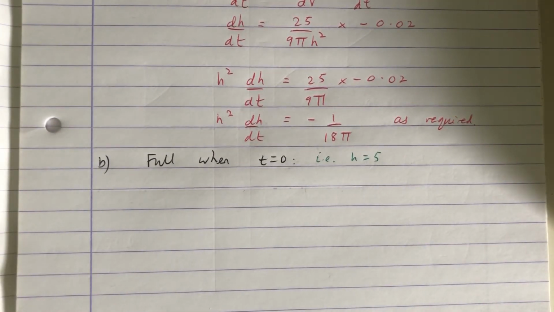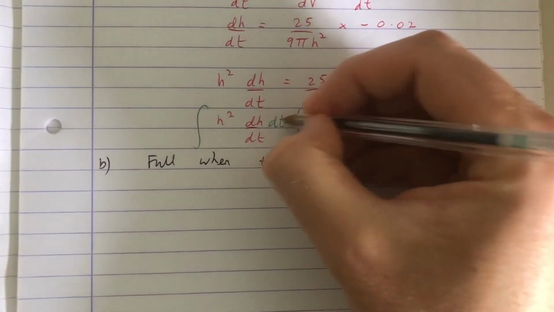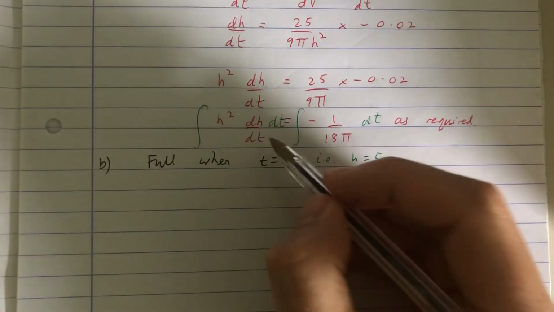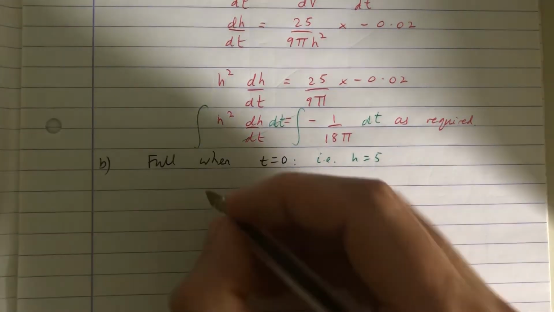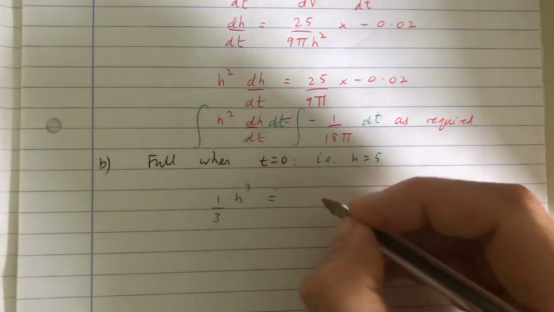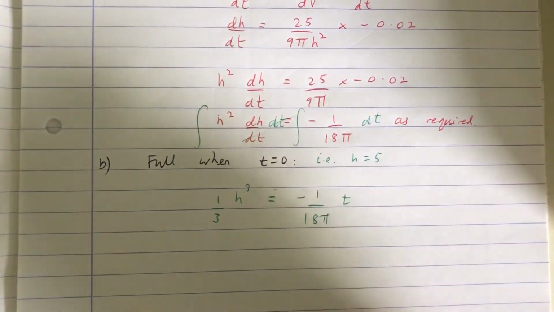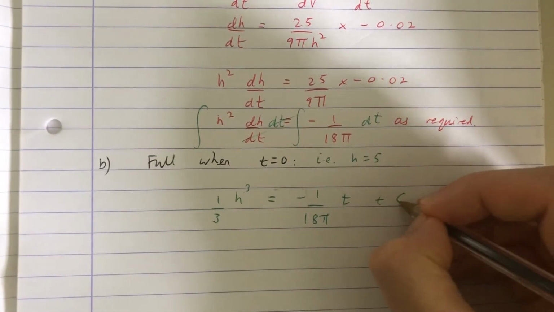Now let's actually solve that differential equation above. So this is a separable differential equation, and they've already separated it for you. So you would just integrate with respect to t, knowing that these cancel, and you're left with 1/3 h cubed is equal to -1/18 pi t plus c.